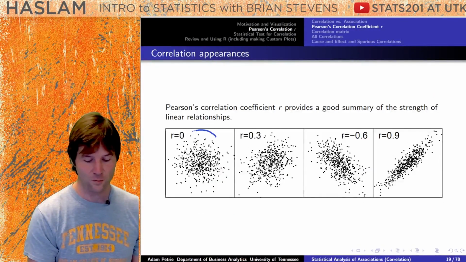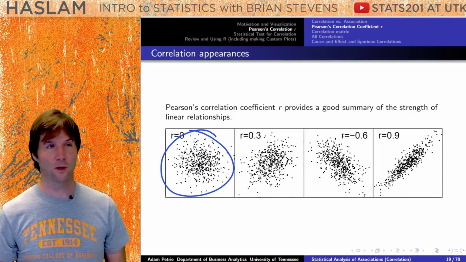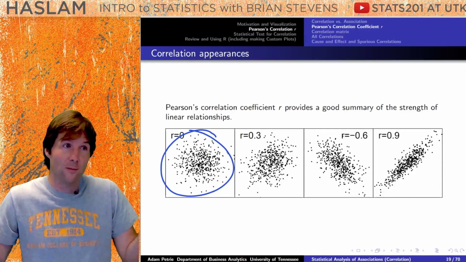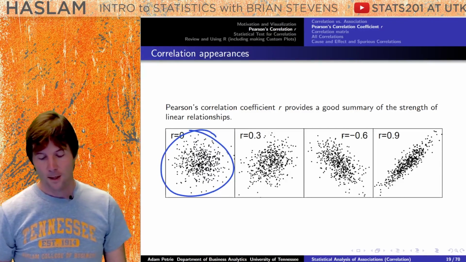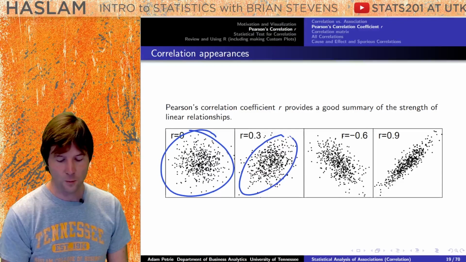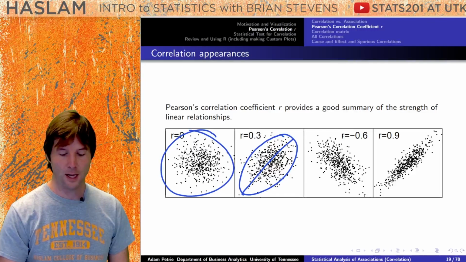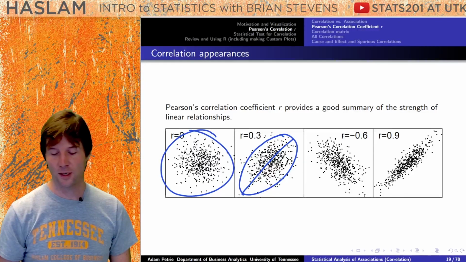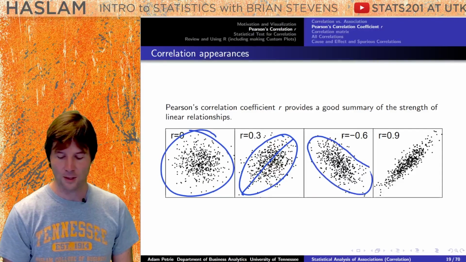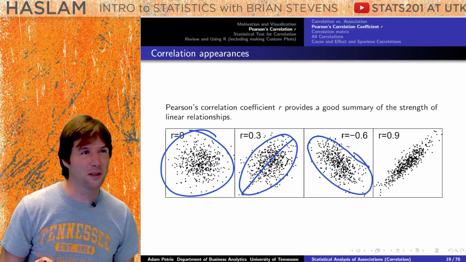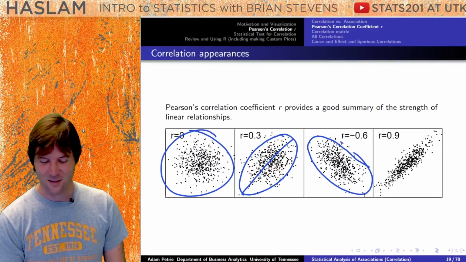So here is a really weak correlation, value of 0. There's no correlation right there because it's just random scatter. Now we have a moderately weak or kind of weak one. The words are subjective, but it's definitely positive because it's positive 0.3. And here we have a moderate negative correlation.